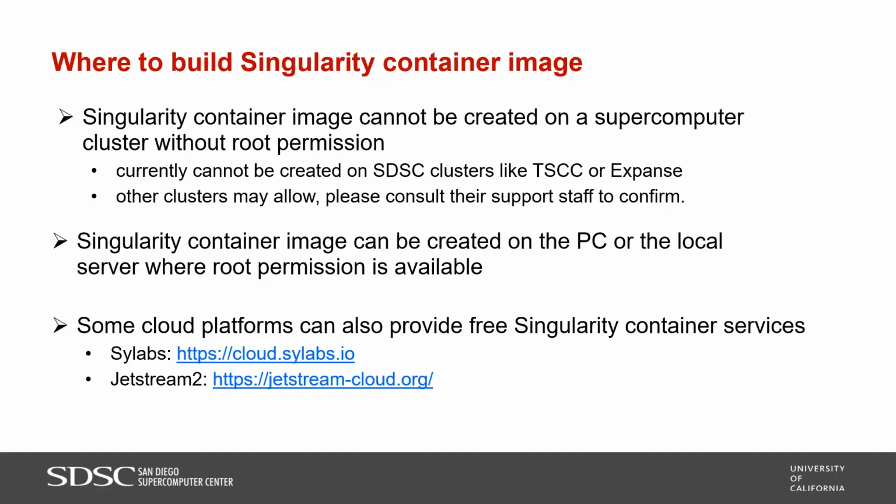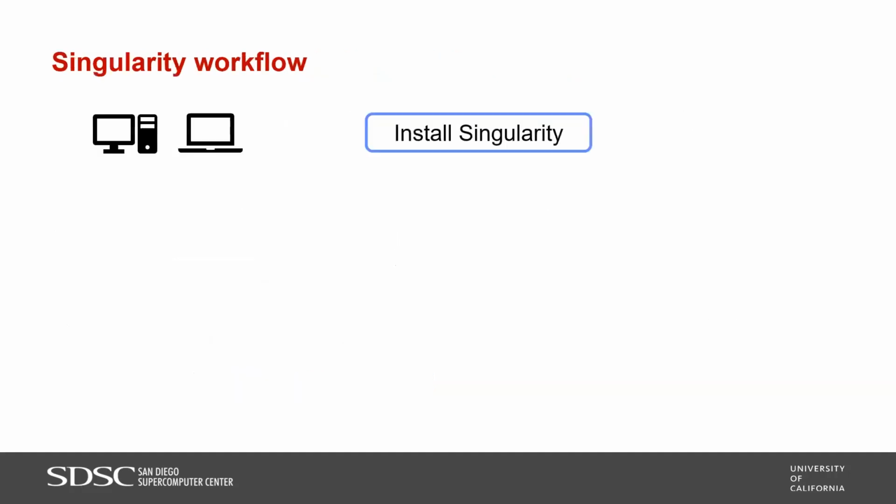If you have heard of this popular cloud computing for researchers, Jetstream is developed by Indiana University, and it's very popular. It doesn't just provide Singularity container services, but can also be used to build Singularity images.